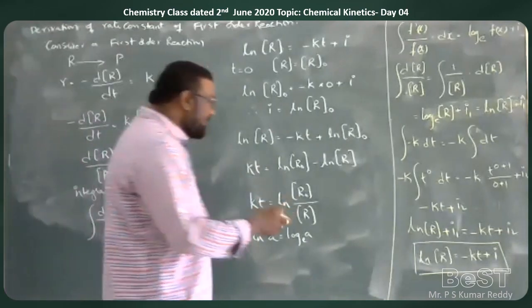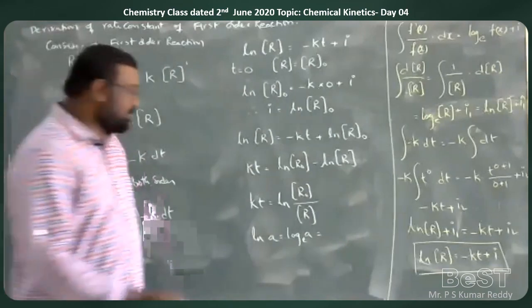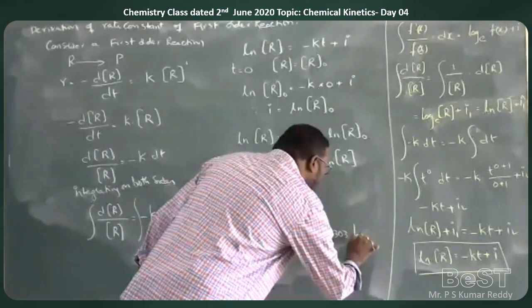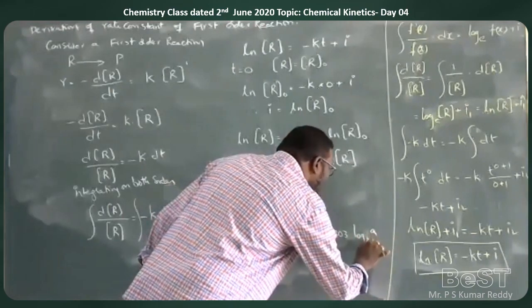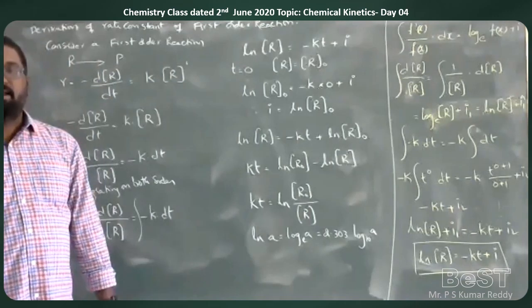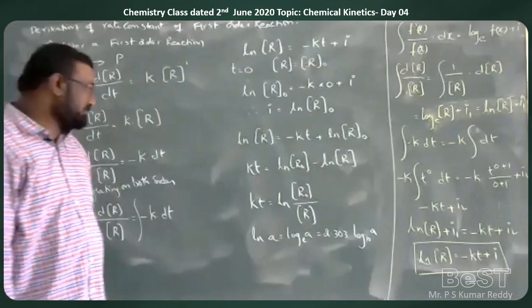When I convert this into log to the base 10, it is 2.303 into log A to the base 10. That is the conversion of Napier logarithms into natural logarithms.